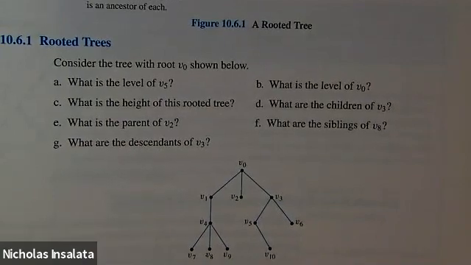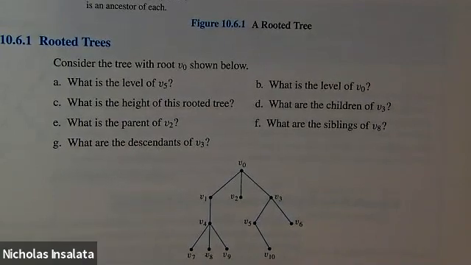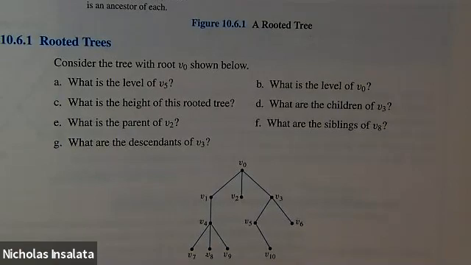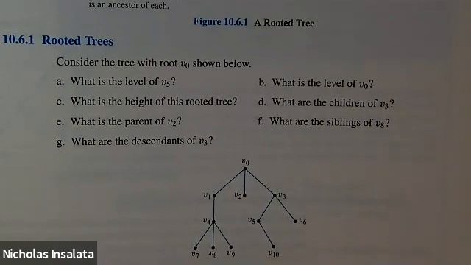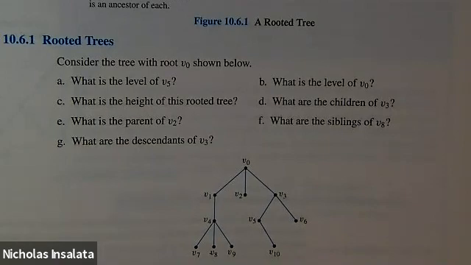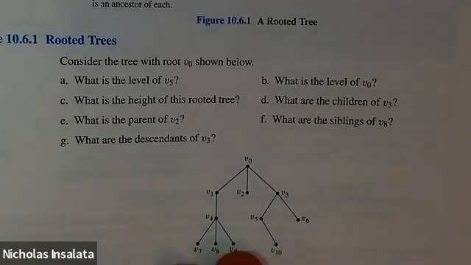What are the children of V3? V5 and V6, perfect, very good. What is the parent of V2? V0, good. What are the siblings of V8? V7 and V9, these guys, good.